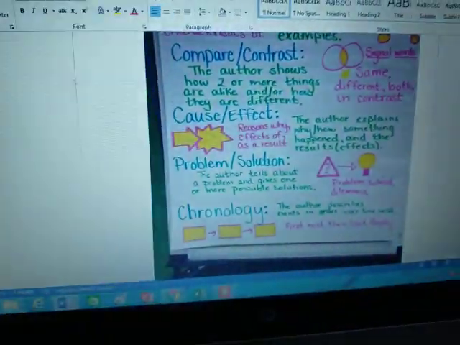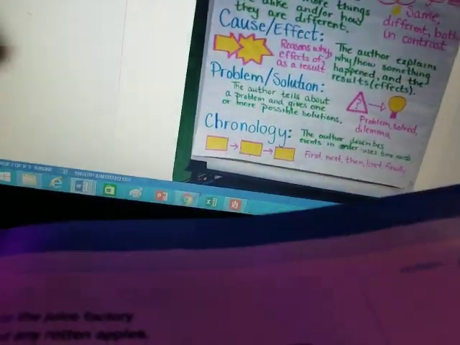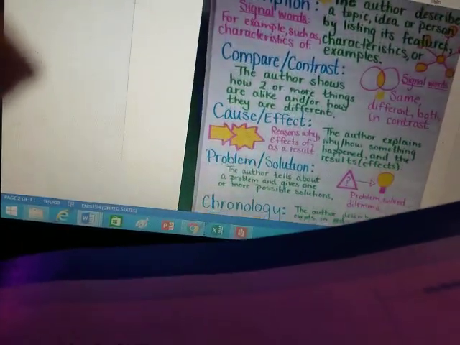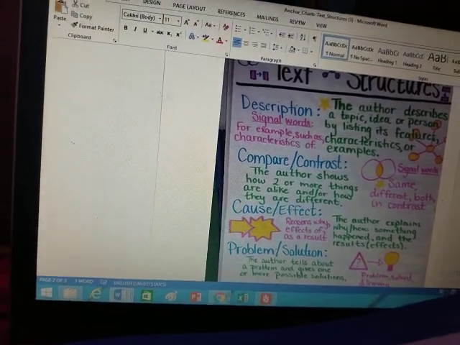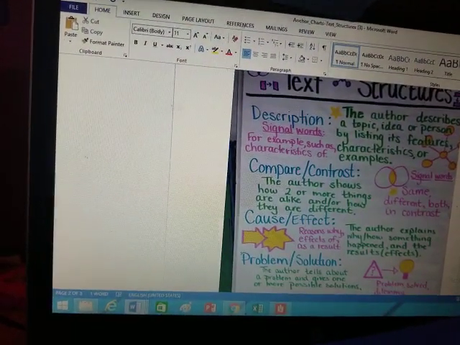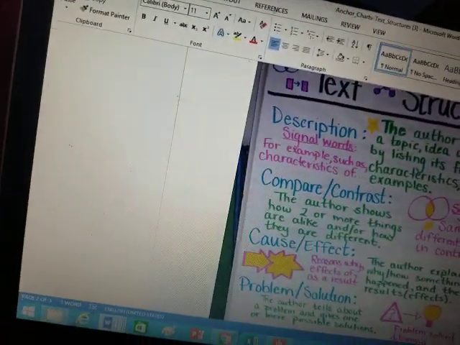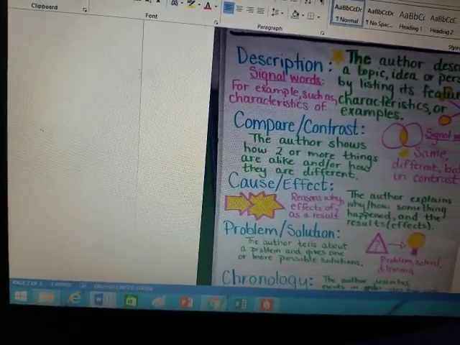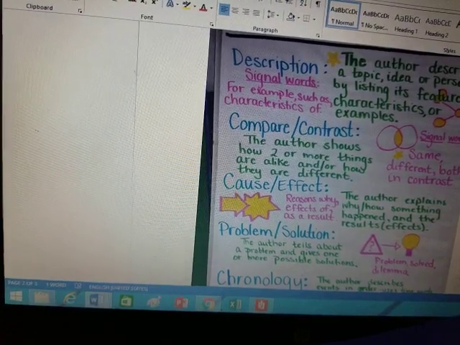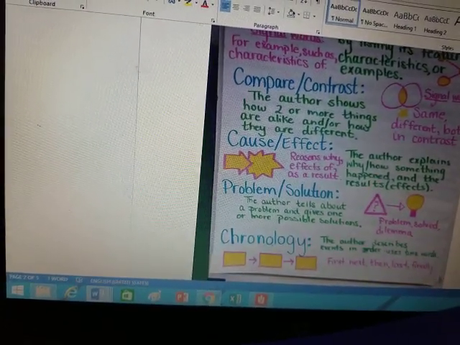So what structure was this whole 2 pages in? Let's go over this again. Were they using descriptions? Were they talking about a lot of characteristics of the apples? Were they comparing the apples to a different fruit? No. Were they talking about the cause and effect?